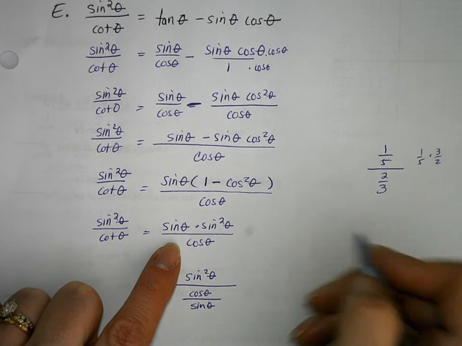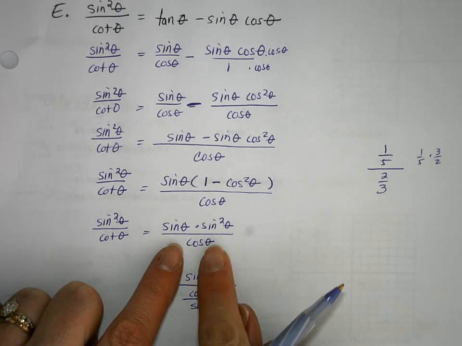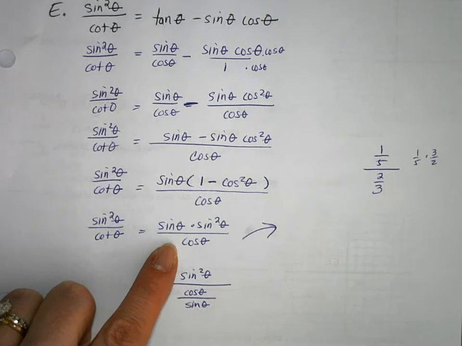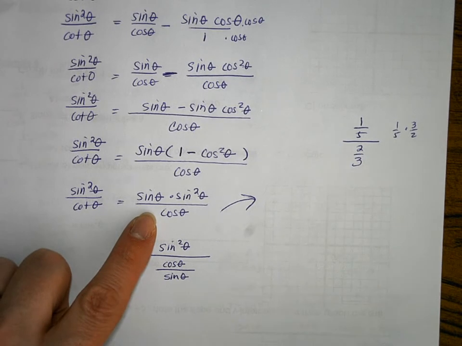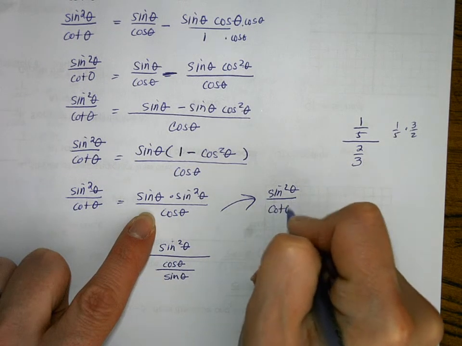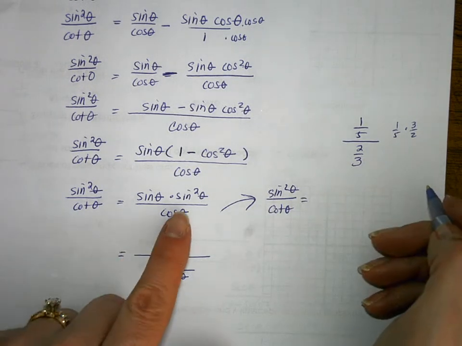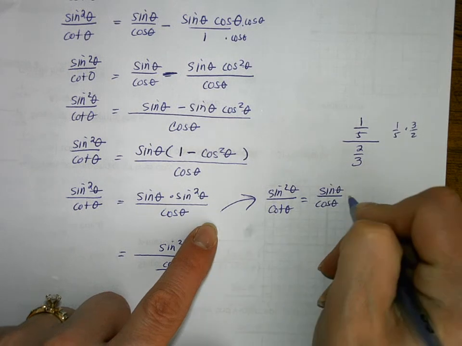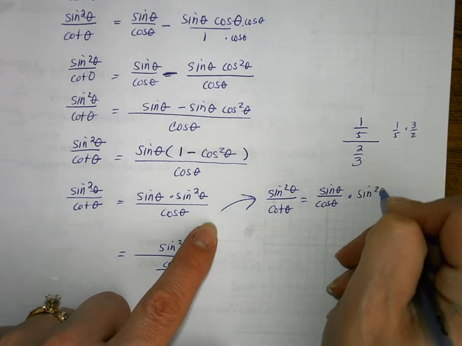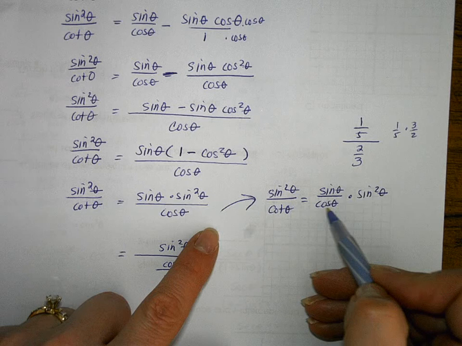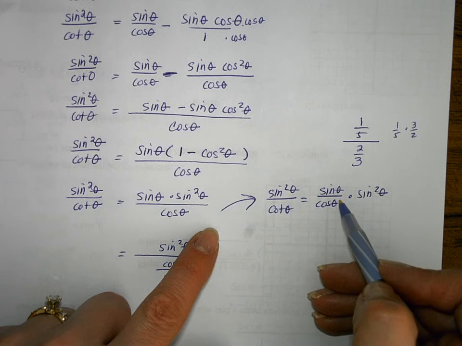I know it's a little bit hard to see. Maybe what I should have done here, and I'm just going to build this in. So I got sine squared theta over cotangent of theta equal to, is it not true that this is like sine of theta over cosine of theta multiplied by sine squared of theta? Yes, no, maybe?